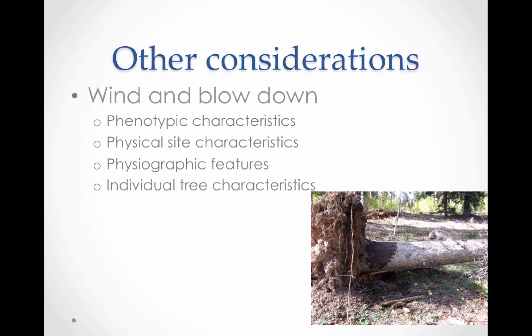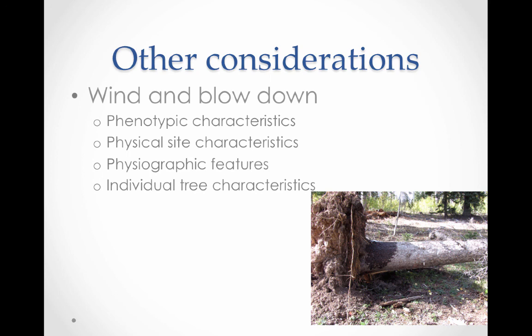Also the physical site characteristics. What's the soil like? What are the moisture levels? Also physiographic features such as slope and aspect. How is the wind blowing? And then finally, individual tree characteristics. So you're always trying to think about all these things. And sometimes it works, sometimes it doesn't. Some stands are more prone to blowdown, and that's something you can either work around and include.